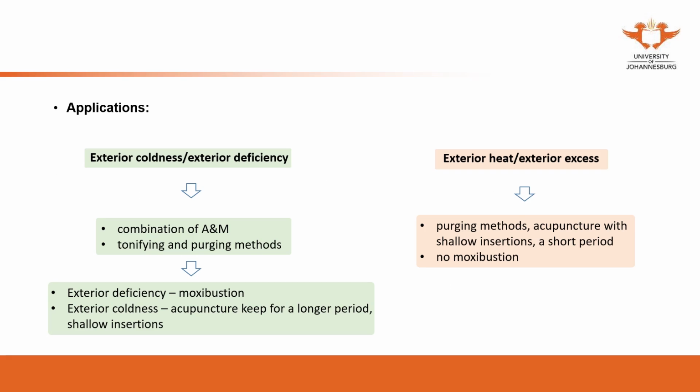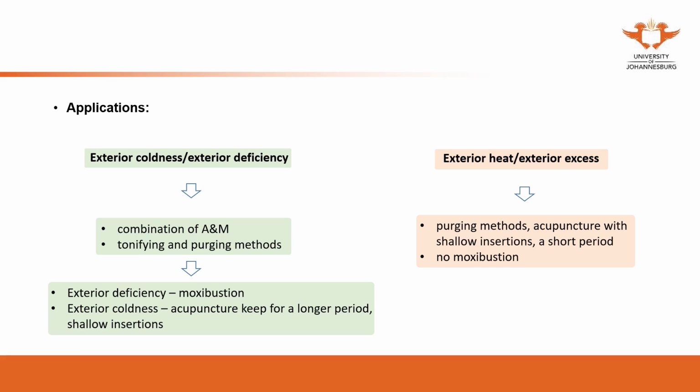Different patients present with the exterior syndrome, but accompanied with other different symptoms and syndromes. Then we may use similar points, but very different technique. For example, a patient suffers from exterior coldness or exterior deficiency. Exterior deficiency, the patient may present with fever and spontaneous sweating.